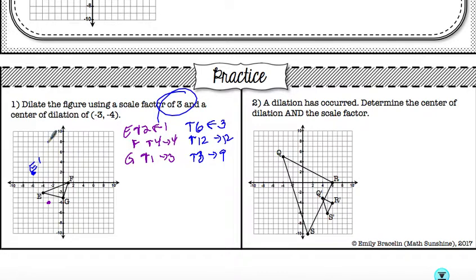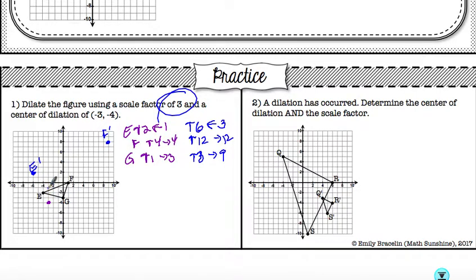And then over 12. So we've gone over 3 and then over 9 more. Maybe here. Alright, that's F prime. And then G prime, we're going to go up 3 and right 9.